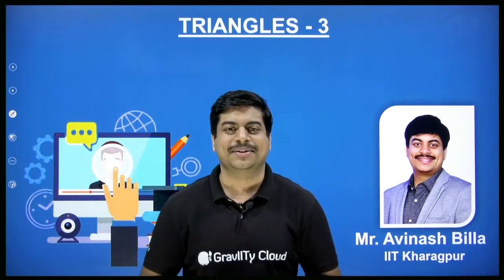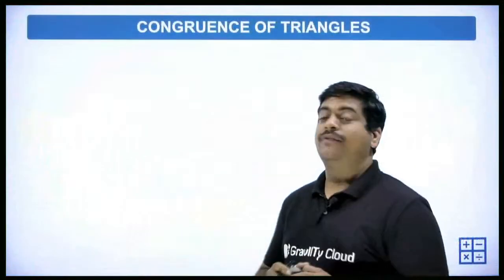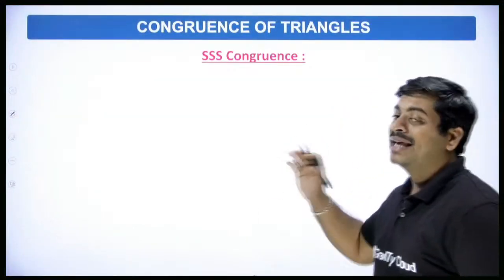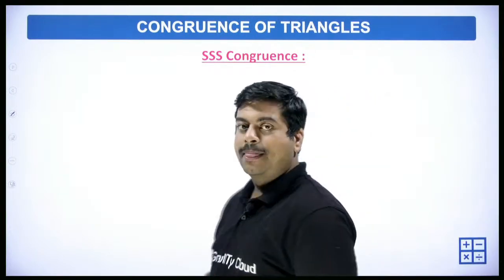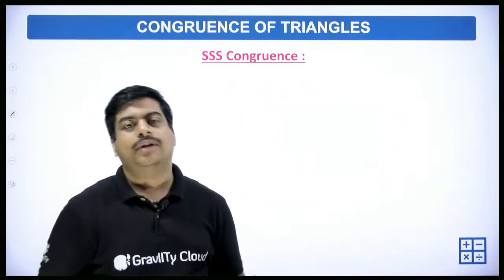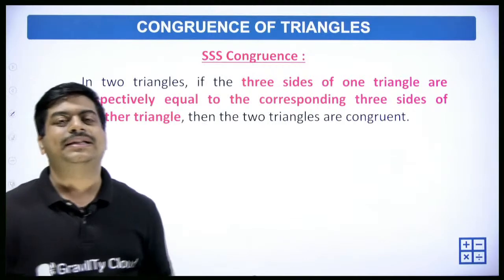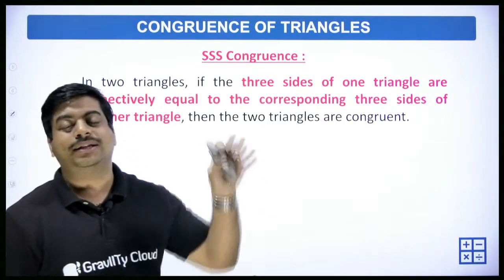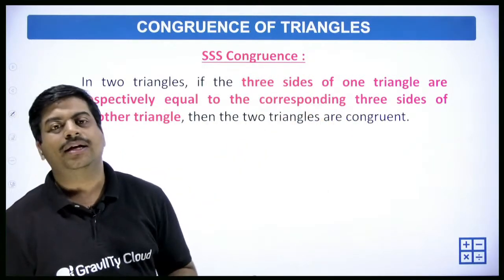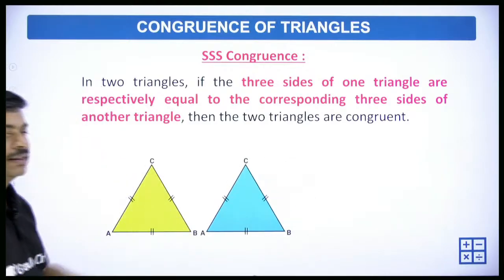Let's start today's session. The first one that we have already discussed is SSS congruence, side congruence. We said that when all three sides of one triangle are equal to the three sides of another triangle, then these two triangles are congruent. You can see that, right?